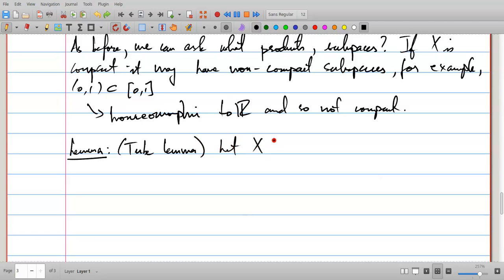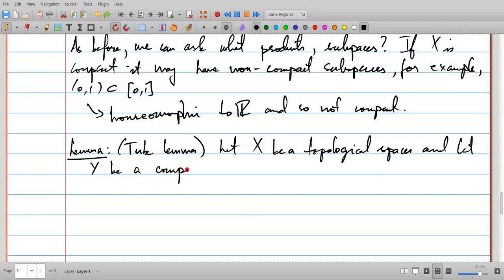So let X be a topological space and let Y be a compact topological space.